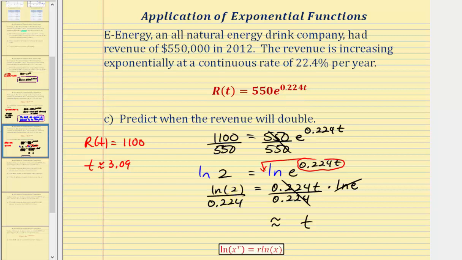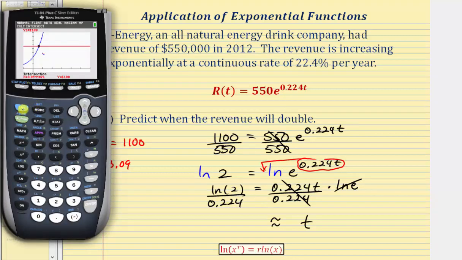So back to the calculator, back to the home screen, so second mode for the home screen, which are natural log 2, close parenthesis, divided by 0.224, enter, which of course gives us the same value that we found graphically, of approximately 3.09.